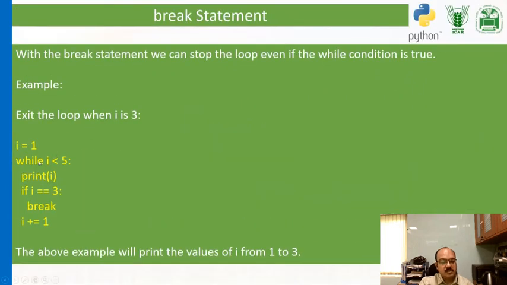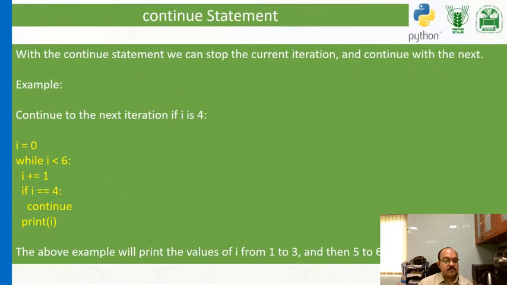Here we initialize i = 0, while i < 6, i = i + 1, if i == 4, continue, print i.